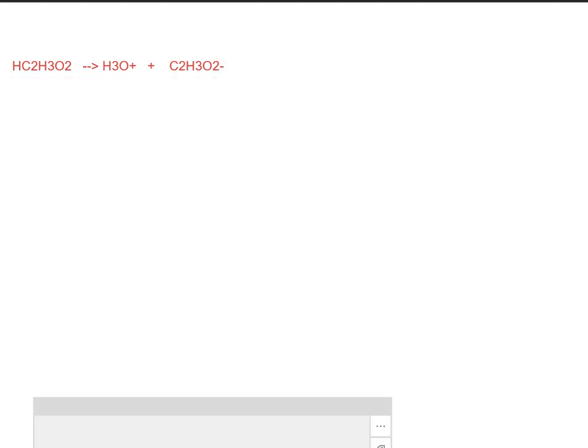I know it's not exactly fancy, but we have acetic acid. I'll try to draw in our equilibrium arrows. So acetic acid, we'll put the water over here just for warm fuzzies, but we know it's there. That acetic acid will break down to hydronium and the acetate ion.